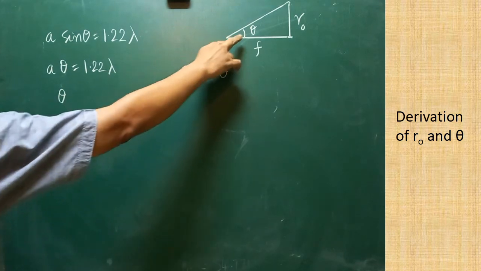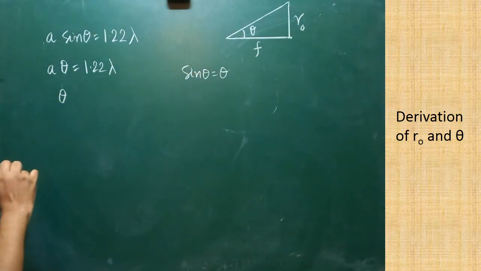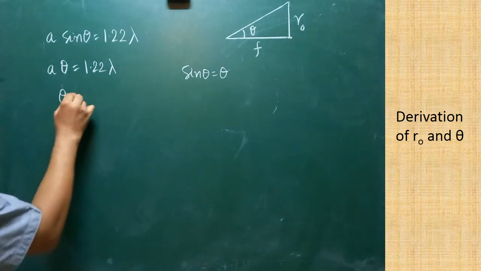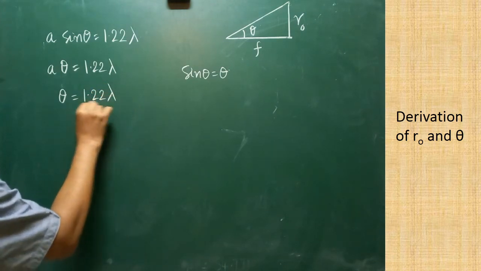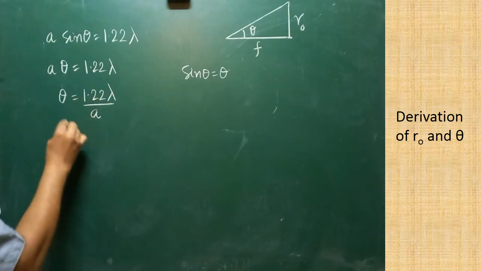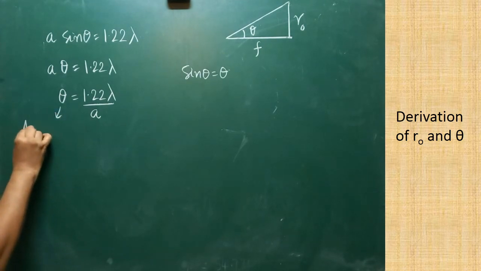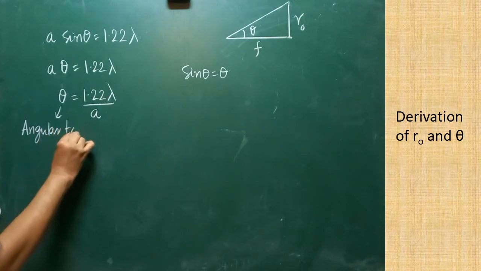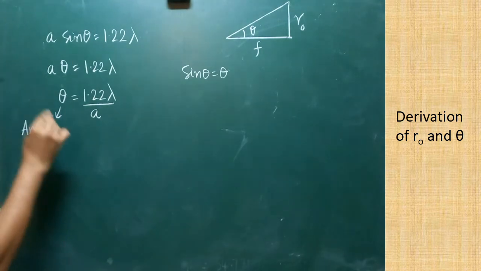That is called angular resolution. Theta is equal to 1.22 lambda divided by A. In any optical instrument, to calculate the angular resolution, this formula must be used.